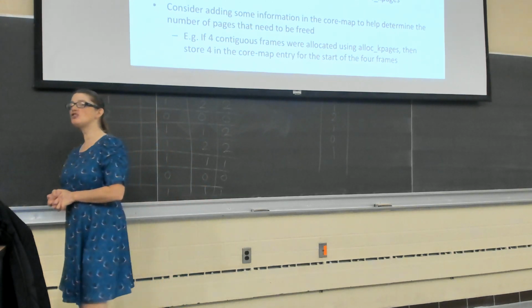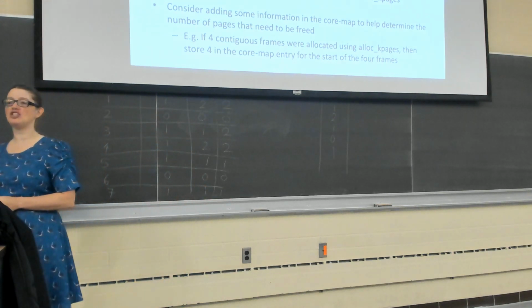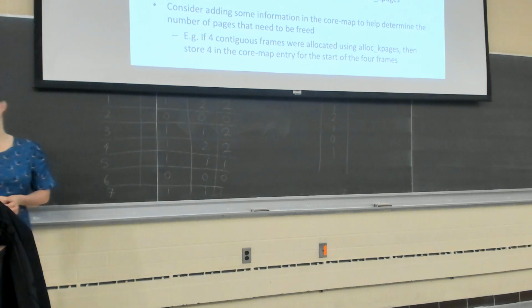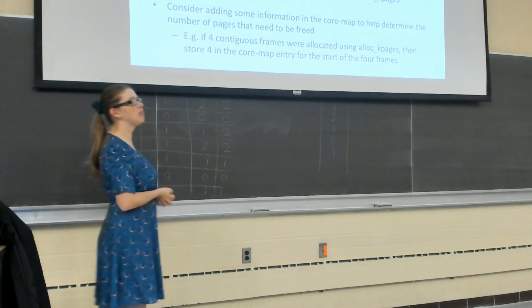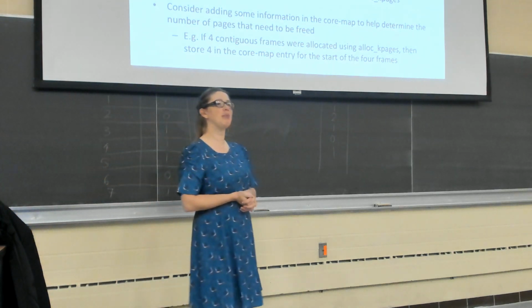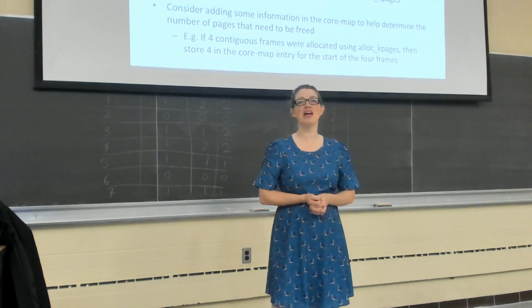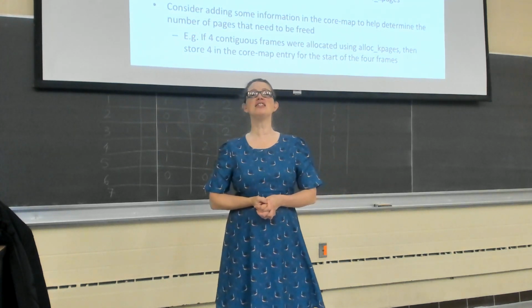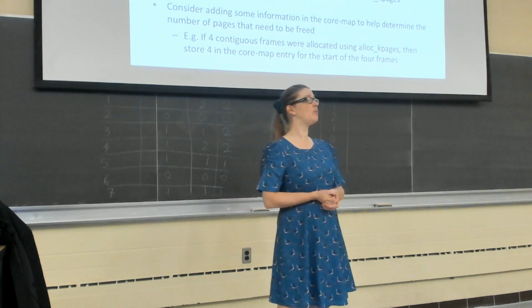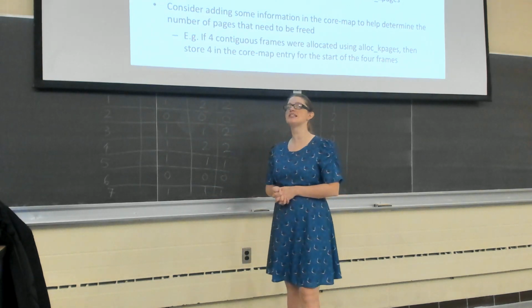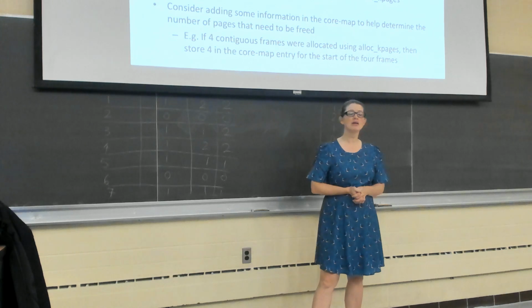So you need to look at alloc k pages. Alloc k pages is going to allocate a contiguous block of pages. So if you call alloc k pages 7, then it's going to give you 7 contiguous pages. Once the core map has been created, we want 7 contiguous pages from the core map.